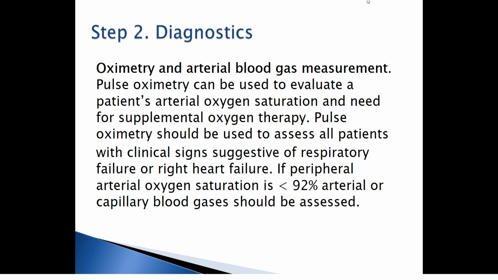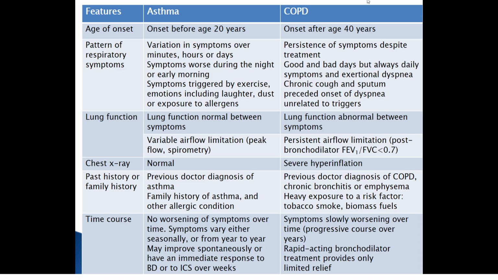If peripheral arterial oxygen saturation is less than 92%, arterial or capillary blood gases should be assessed. Especially COPD leads to respiratory failure. That's why we have to check oxygenation of the blood for a decision about oxygen supplement in this patient.